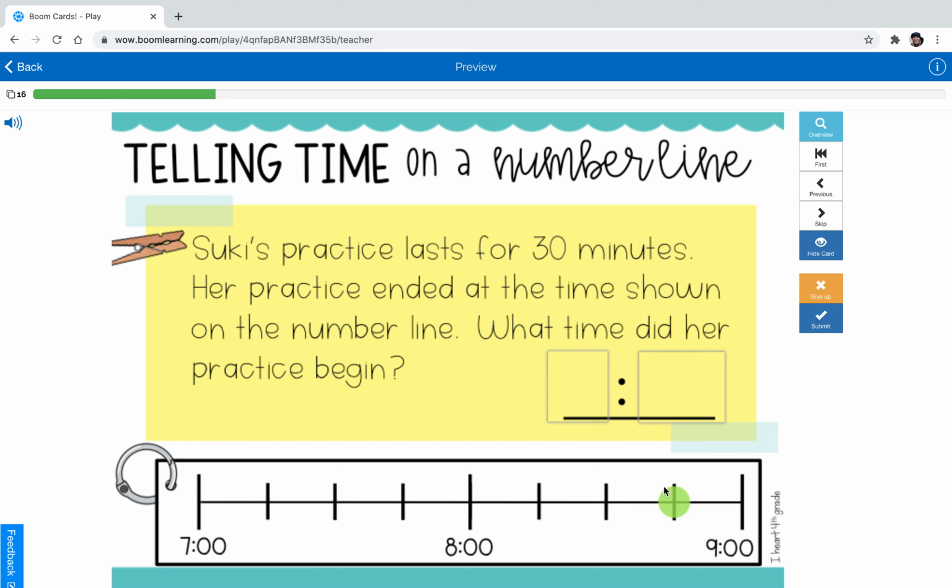So that's when it ended. It lasted for 30 minutes. Should I go forwards or should I go backwards to figure out what time it began? I should go backwards, right? I can't go forwards. That would be the future. So this was 8:45, 8:30, 8:15. So the time that she started her practice was 8:15.